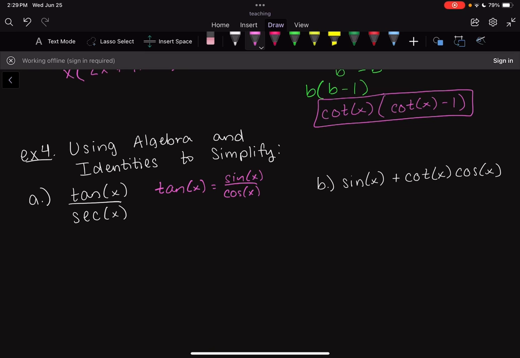I also know that secant is equal to 1 over cosine. So let me go ahead and write these in, and we're going to see if we can cancel anything out.